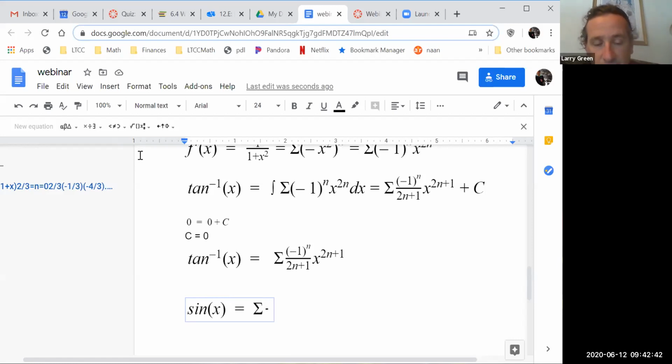That was the sum of -1 to the n over 2n plus 1 factorial, x to the 2n plus 1. And remember, the sine of x is an odd function, so that's how I always remember it: 2n plus 1 to make it odd.